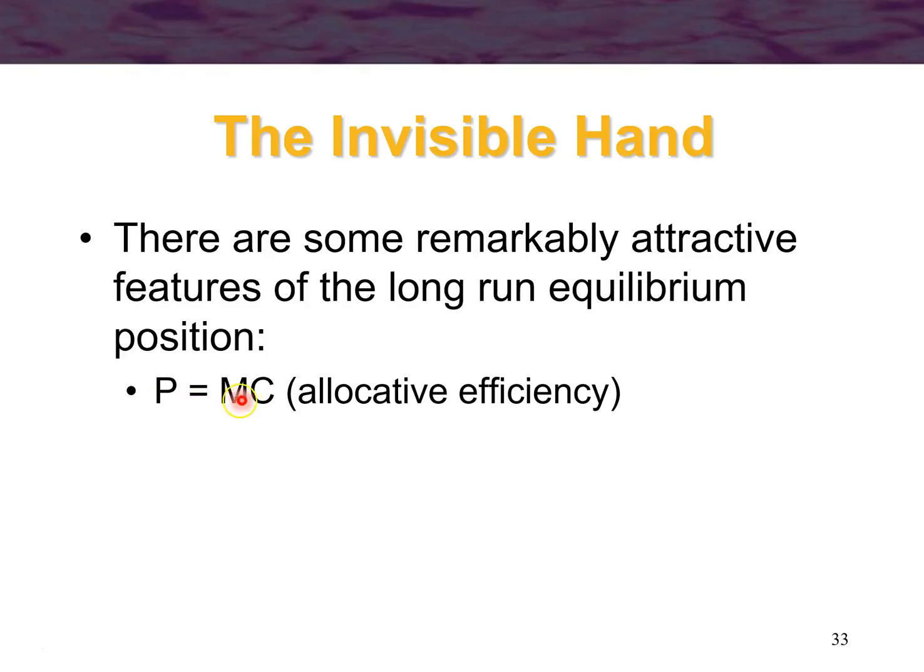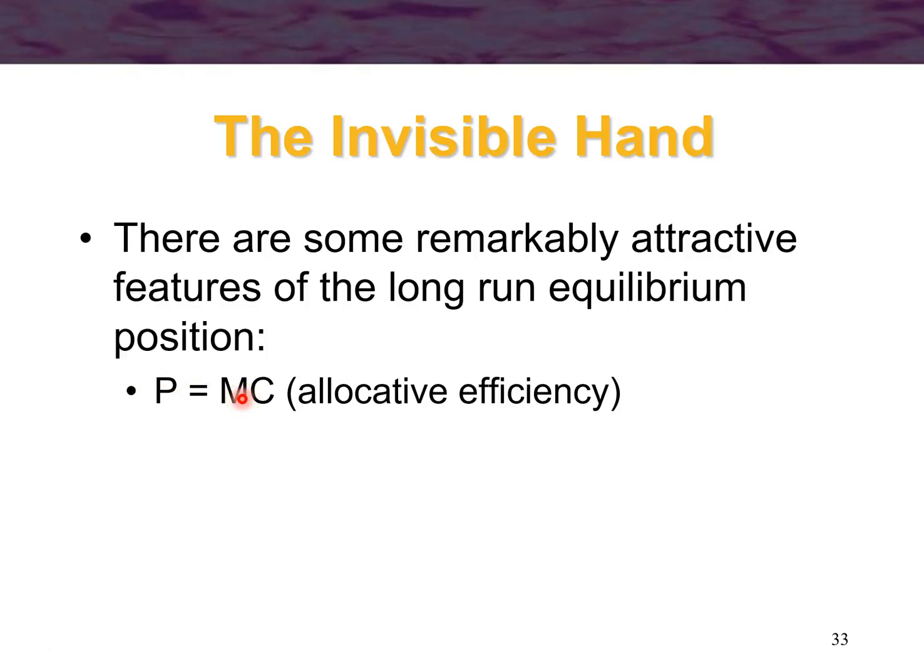If price is greater than marginal cost, that's another way of saying we want more of that product. And if we want more of it, that means we're not producing what people want, so that's not allocatively efficient. Well, if price is less than marginal cost, that means we don't value it as much as the opportunity cost to society, so that means we want less of it. That's not allocatively efficient either. So you reach allocative efficiency when price is equal to marginal cost.